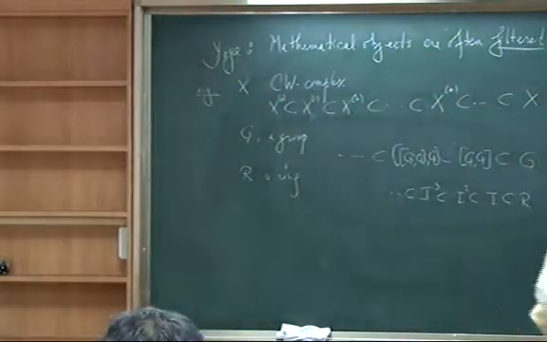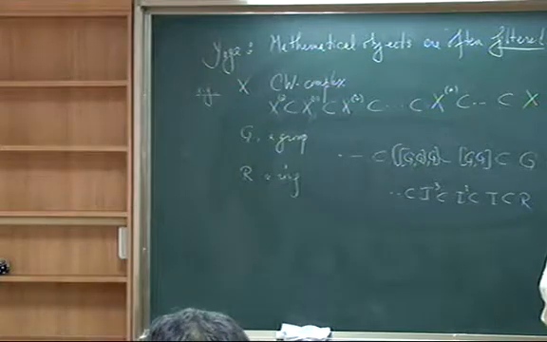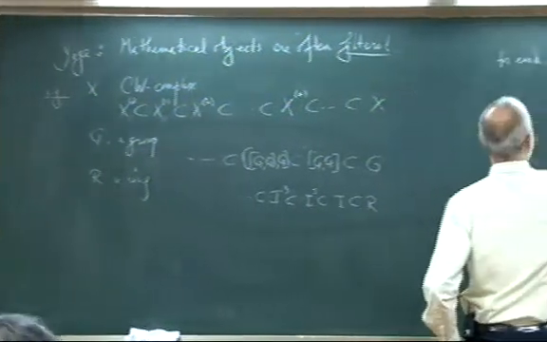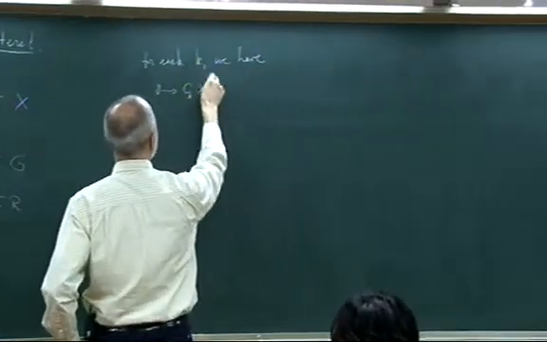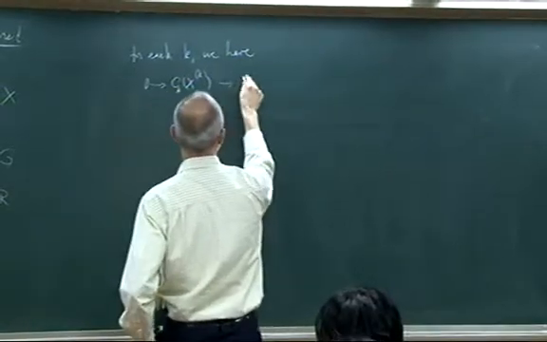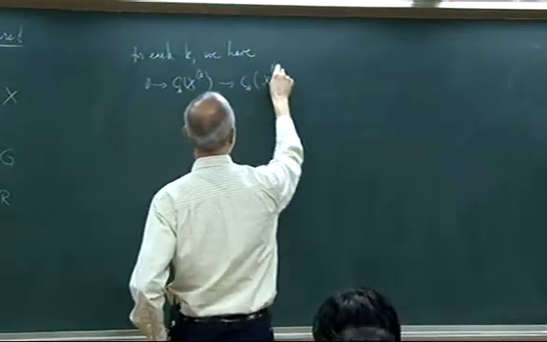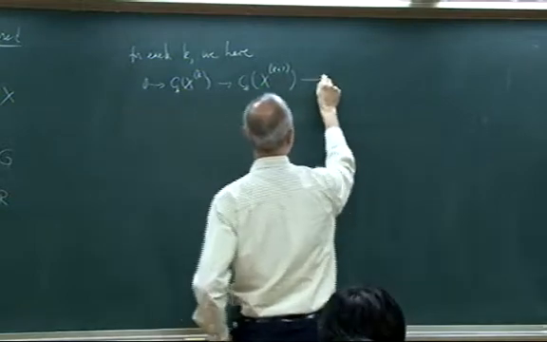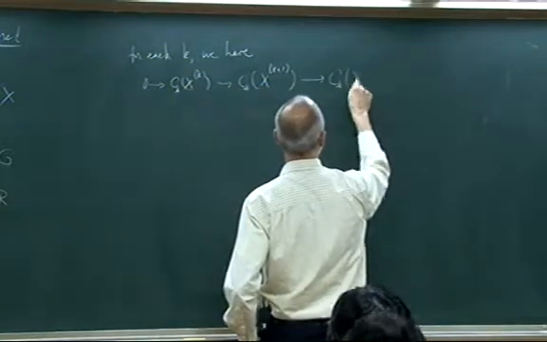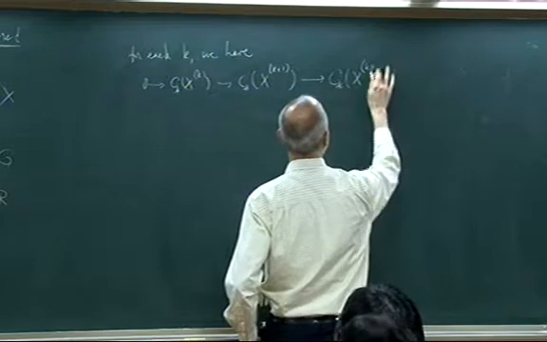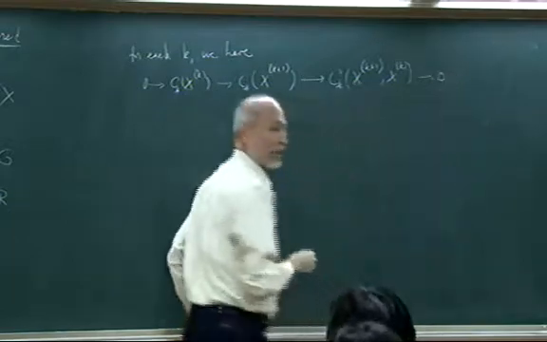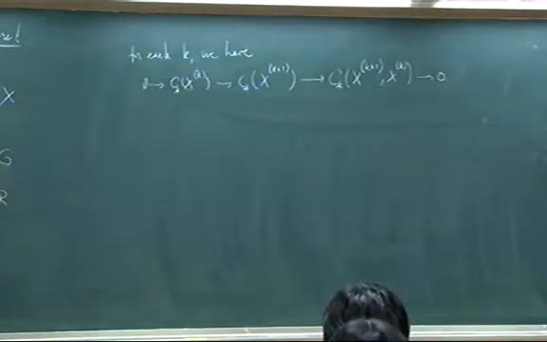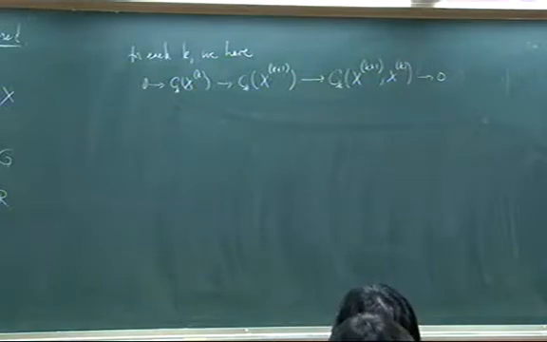So for each k, we have the following short exact sequence of chain complexes, and of course this leads to a long exact sequence in homology groups.